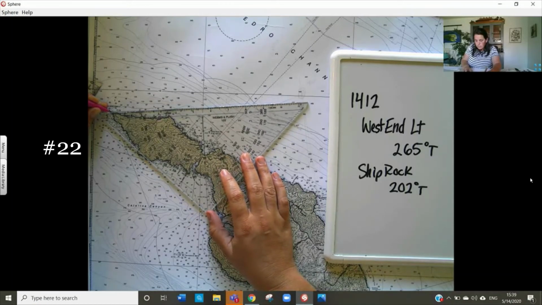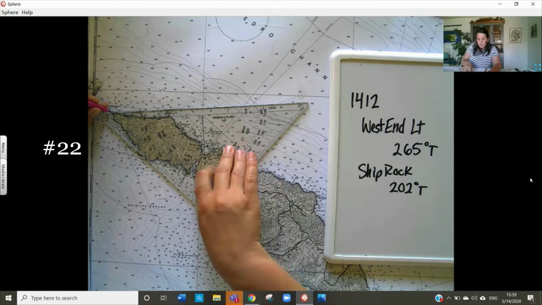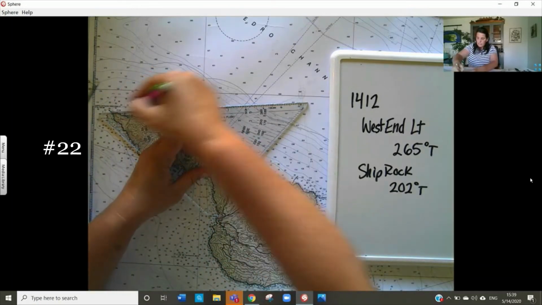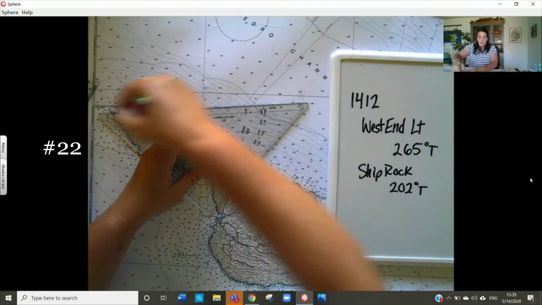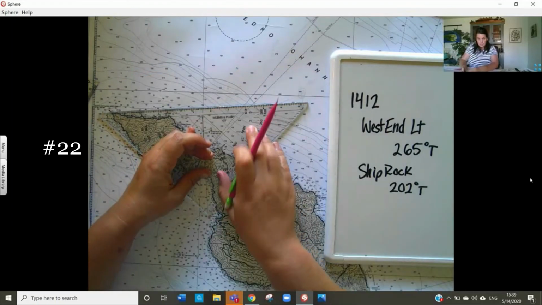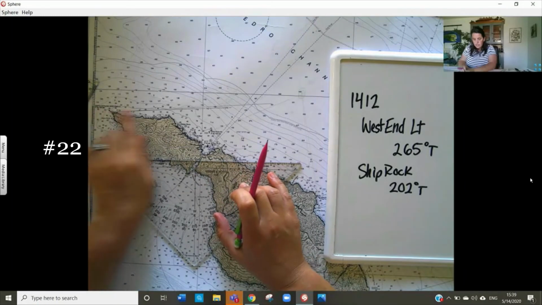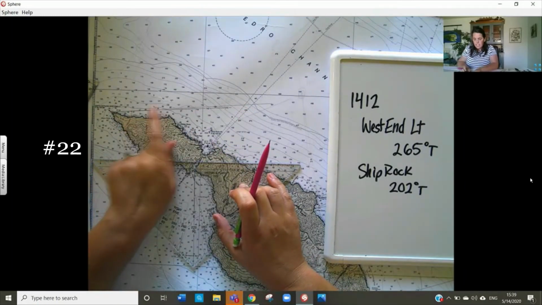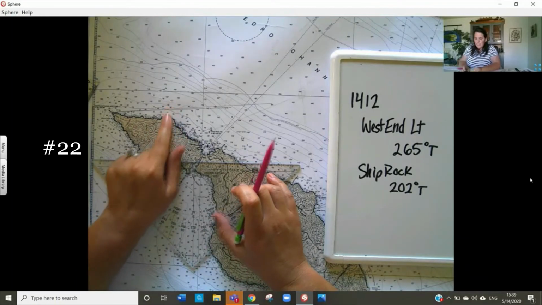So I have 265 there. And I can draw in my bearing. So I am somewhere along that line, and I could see from the obscuredness, I just barely saw that light.